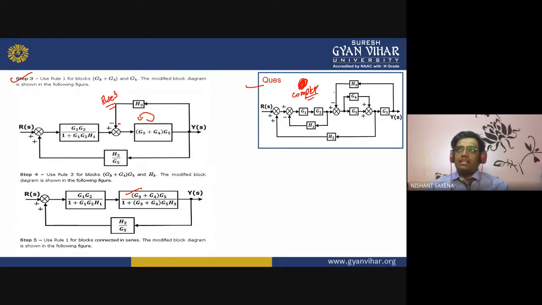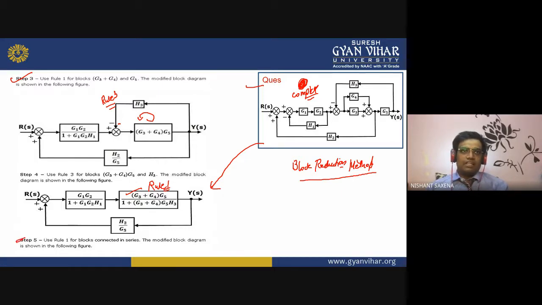But when we applied the block reduction method, you can see that I have reduced it to a large extent into a simpler block diagram. Now look at this. Now it will be very easy. Now in the rule number 5, what is the approach? The approach would be that we will again apply rule number 1 in this case. Let's see.